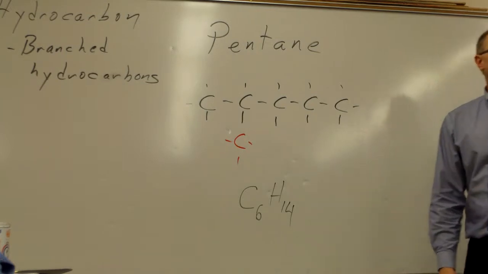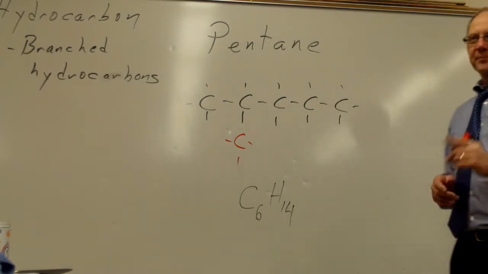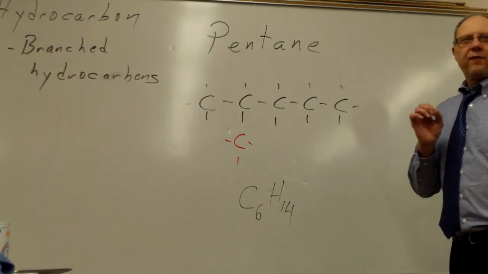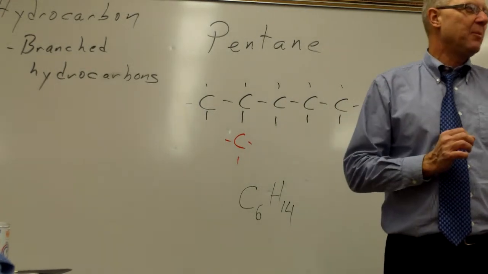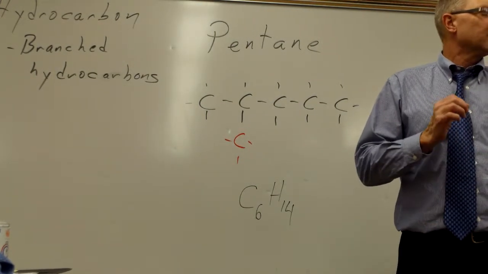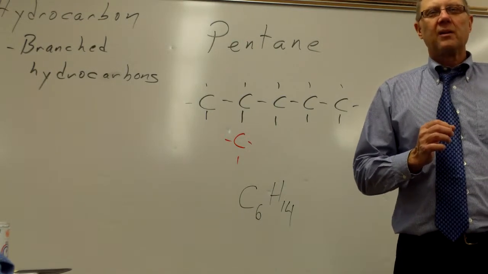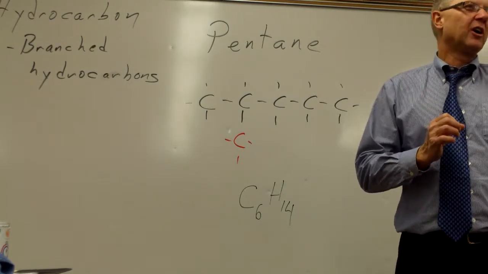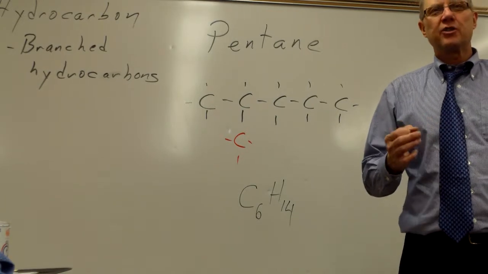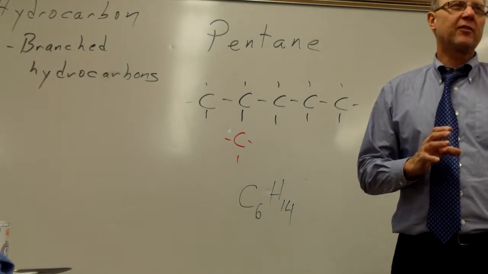Okay, so we're going to have 4 or 5 steps. So here's step number 1. Step number 1, find and name the longest chain of carbons. Find and name the longest, we'll call it straight chain of carbons, even though they don't have to be straight.